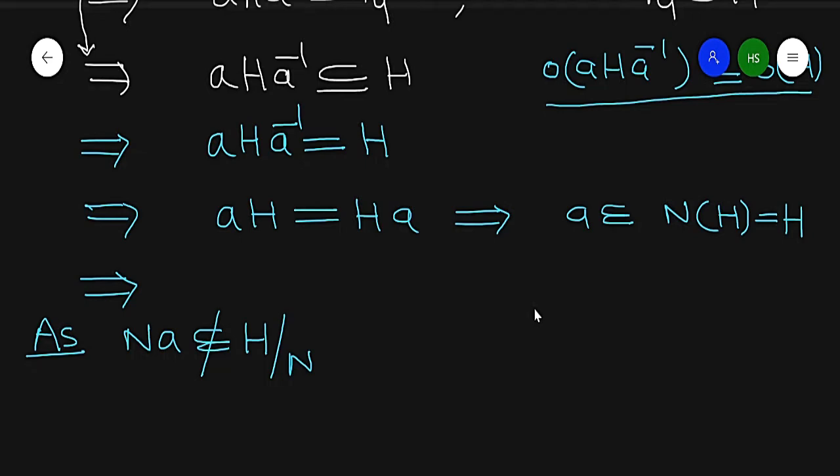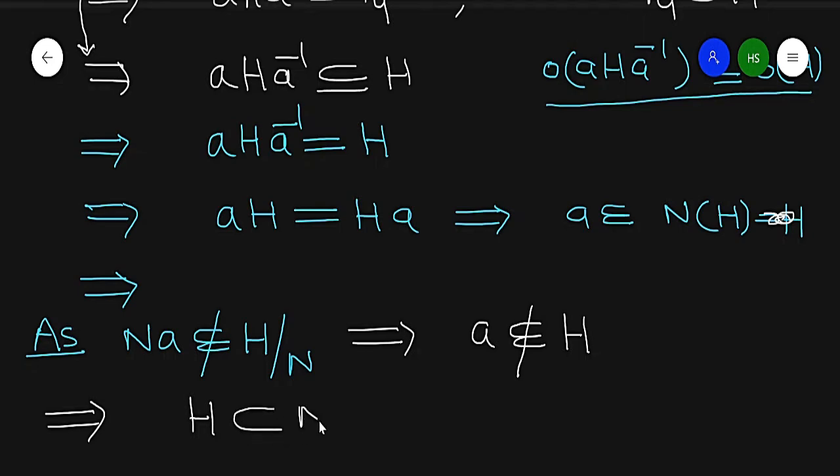So here what we get is that A does not belong to H. But A belongs to N of H. A does not belong to H. So what we get is H is a proper subset of the normalizer of H, because we found some element which belongs to N of H, but it does not belong to H. So I find H is a proper subset of these values.